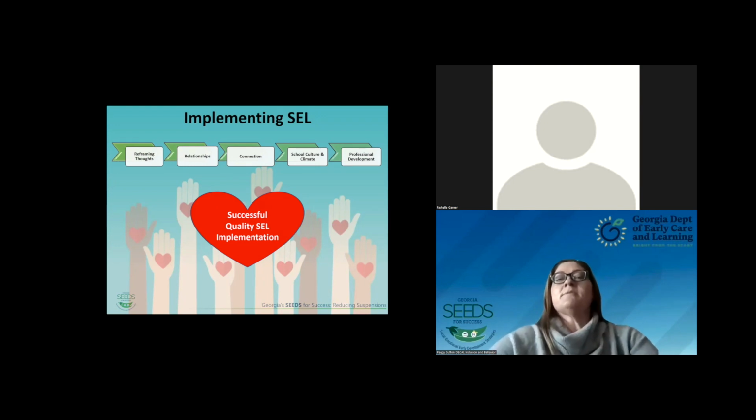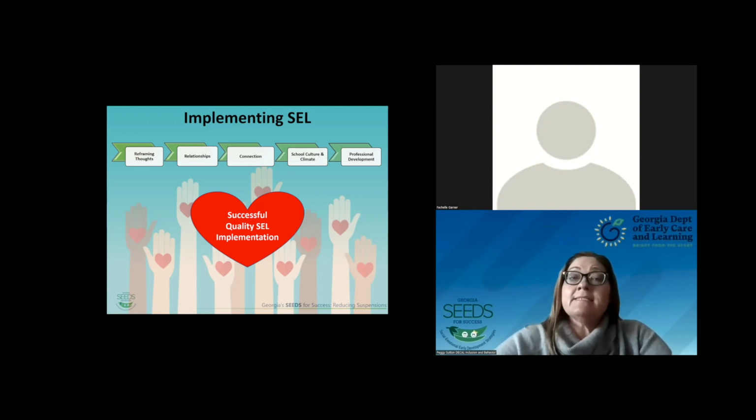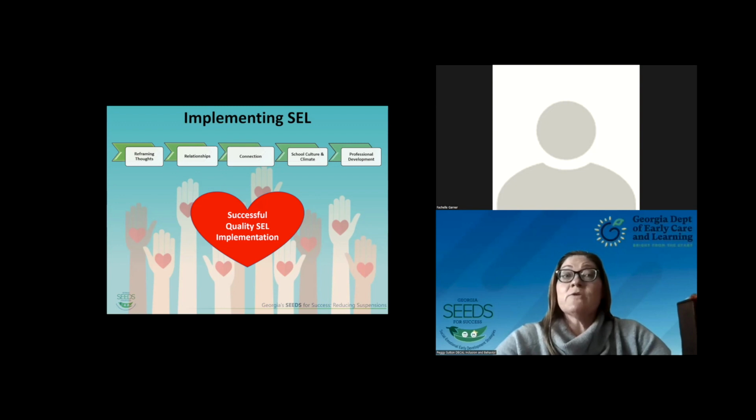So support the implementation of quality SEL in your program. We're going to be discussing 5 elements that you can implement to help in prevention of exclusionary practices. So we're going to focus on reframing thoughts on challenging behavior, relationships, which we all know is key, connection to the learners, families, and your staff, the school culture and climate.